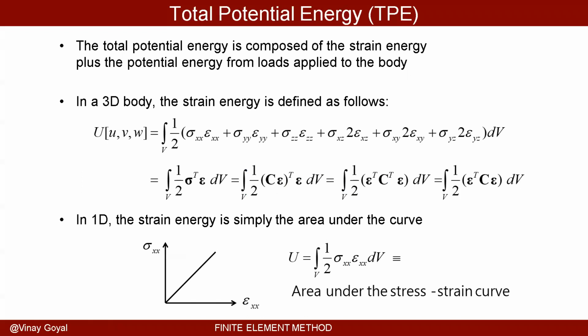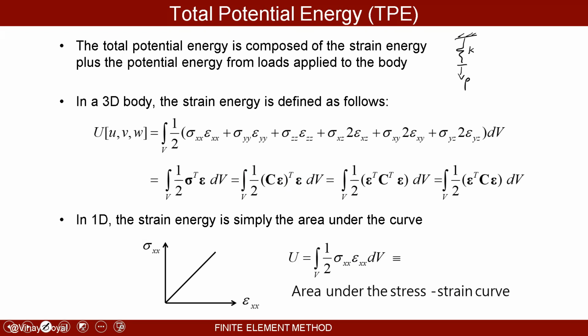And so let me start by first discussing the idea of the total potential energy. Every body of material is going to have some amount of total potential energy. And that's going to be composed of the strain energy stored in the body plus the potential energy from applied loads. Now, you may have seen in the previous lecture when we covered the spring that a spring has some amount of stored energy.